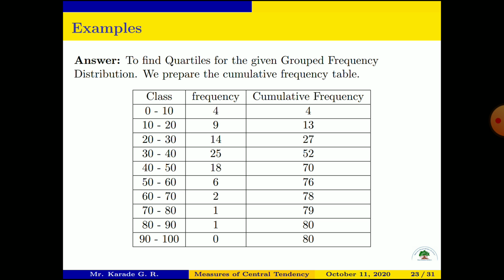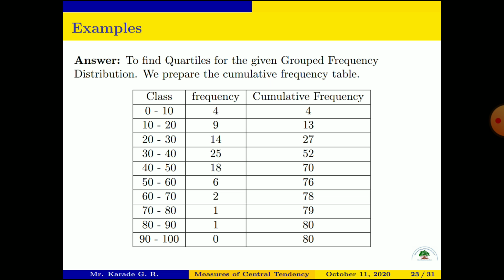So classes and frequencies are taken as it is from the question, but we have to prepare a third column, and it is of cumulative frequencies. So in the first row of this last column, the number is 4, and it is nothing but the frequency of the first class, 0 to 10, we take as it is.